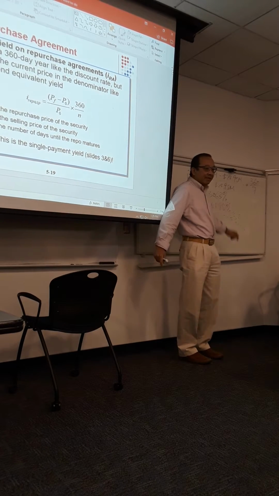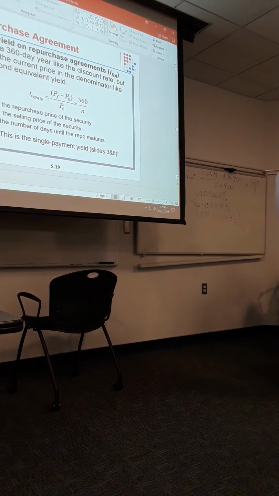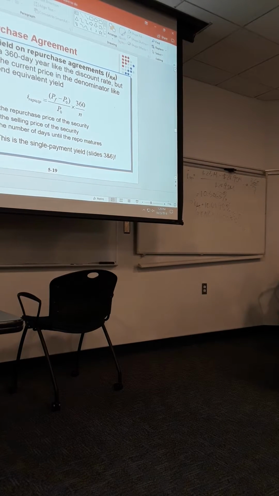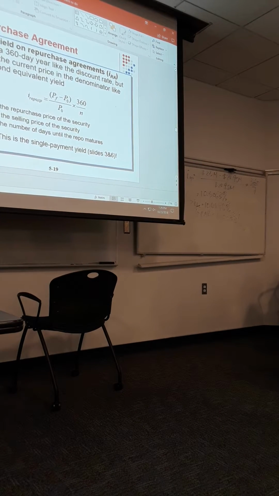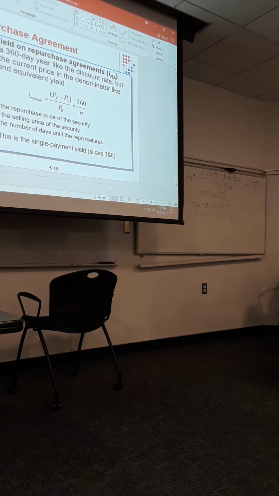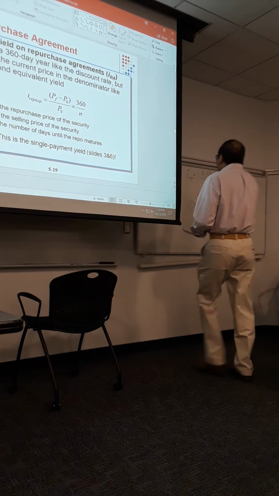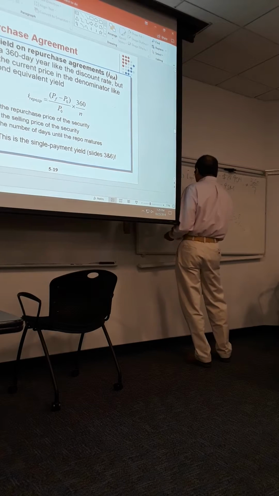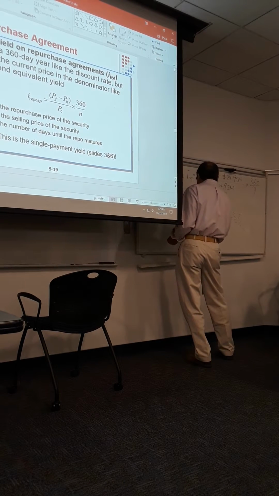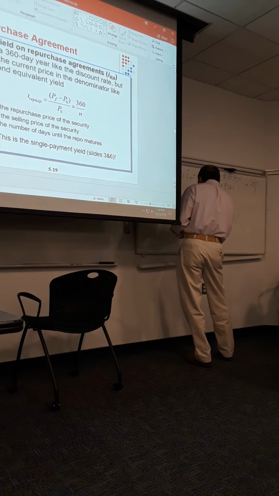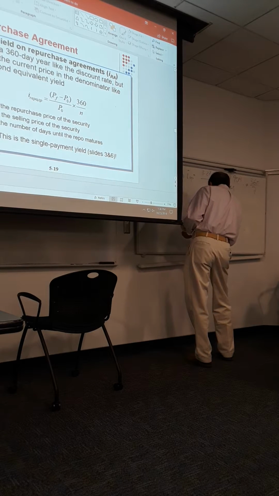So rather than 7 days, part B is 21 days. Go ahead and calculate the ISP, the yield on this repo.